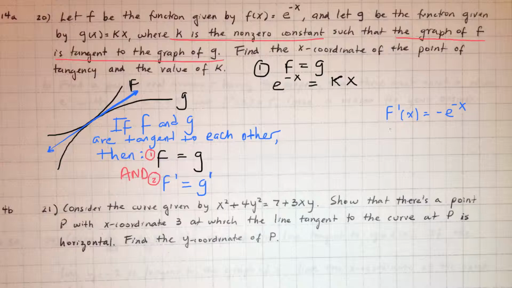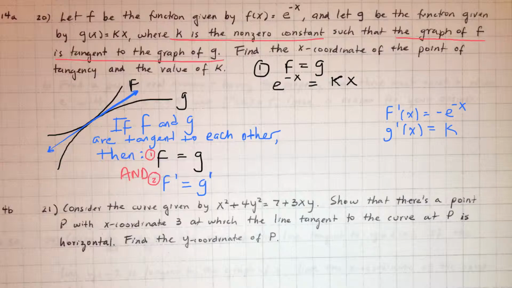Now g prime of x. g of x is k times x. I'm not going to do a product rule because k is just a constant. It's like saying 7x, negative 2x, 3/4 x. So then the derivative of that is just k. And so we have our second equation.